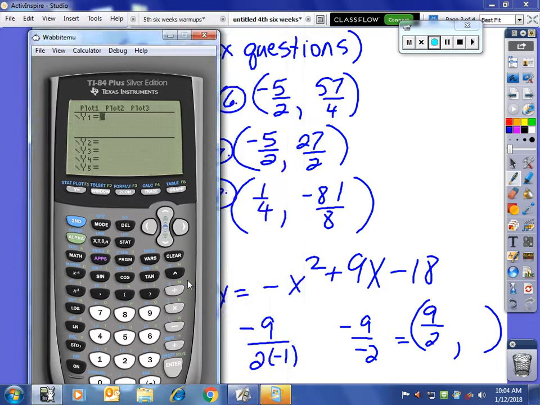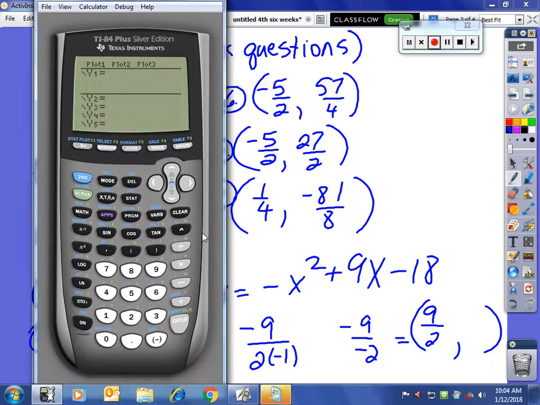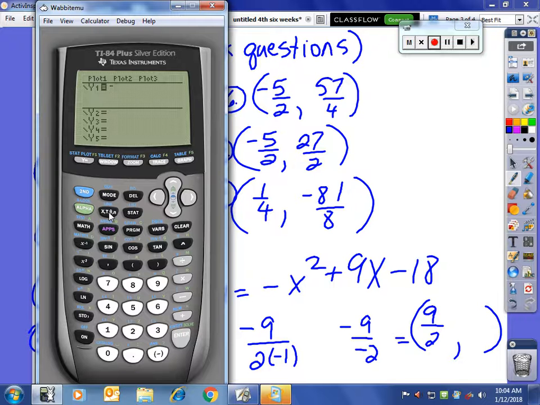Some kids just enter things incorrectly. This is number, which one am I doing? 4. Y equals negative x squared plus 9x. And please make sure you use a minus sign in front of the 18, not a negative sign. Okay, and then I'm going to tell my table to start at 9 over 2. Oops. That's not the right place, is it?